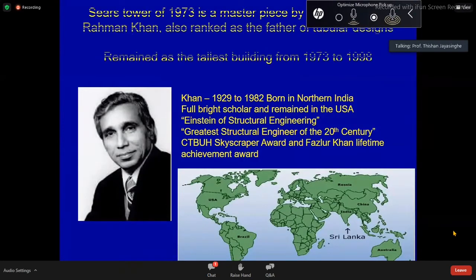So this is Khan. He was born here in the northern part of India. He was born here, and we have a special relationship to this part of India, and that is the King Vijaya came from that part of India. So the language he spoke was Bengali, and 50% of the words of that language are out of Sanskrit, and most of those Sanskrit words are exactly the same as the Sanskrit words of formal Sinhala that we use here.